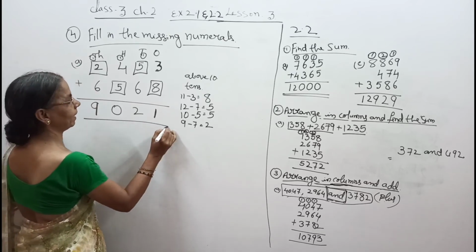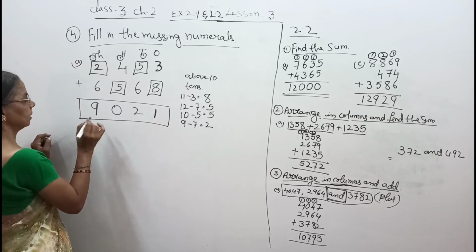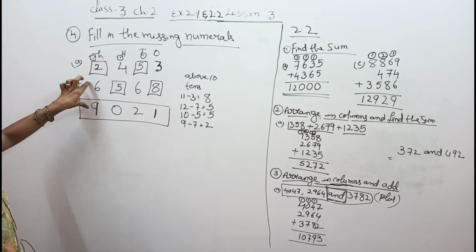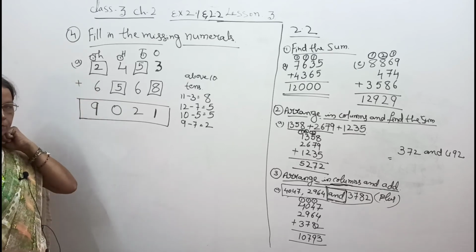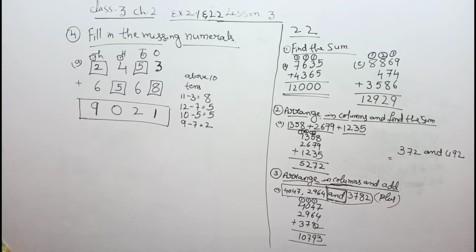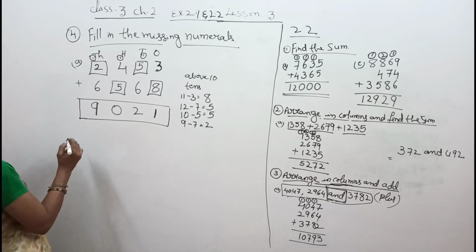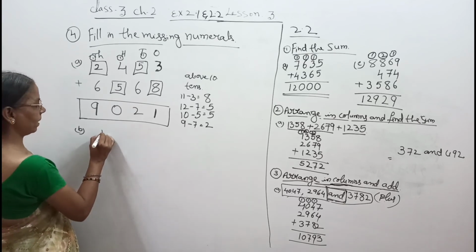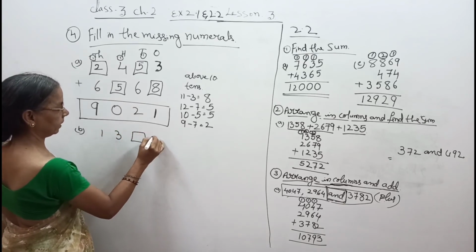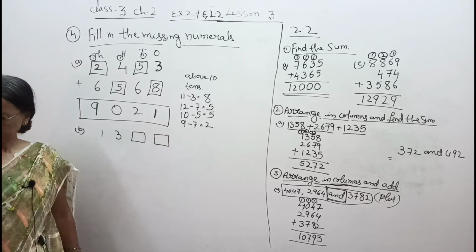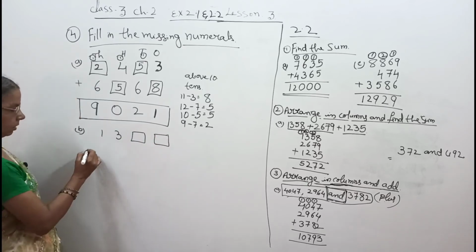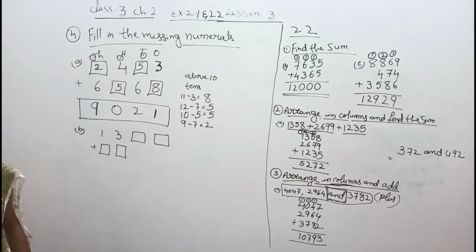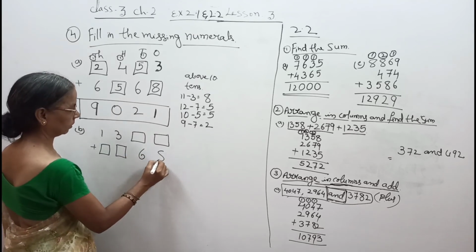Now the filled blanks, whatever we wrote is right, because the answer is the same as it is given. Now the second one, to know more about this one, I am doing a second question also, that is 1, 3, blank, blank, and on the second line plus blank, blank, 6, 8.